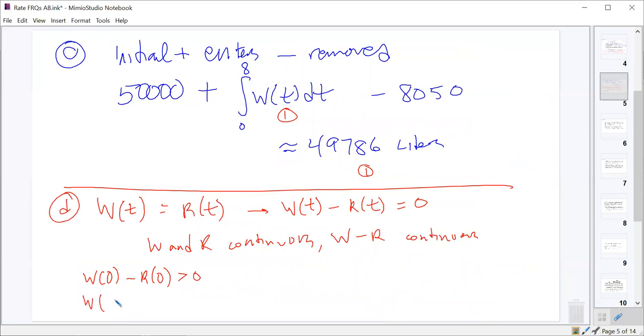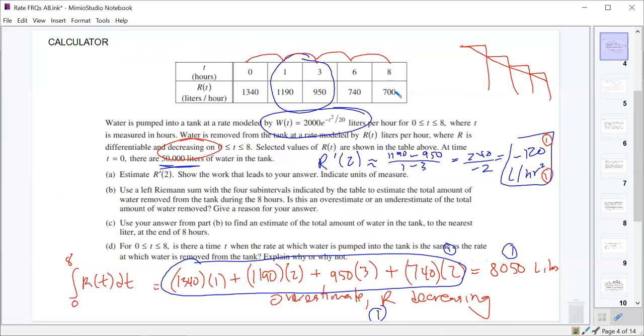But if we went in and used the value at 8, W of 8, so if we plug in 8 to this, we could figure out what that value is. That's 2,000 over e to the 64 over 20, which is 32 over 10, so 3.2.